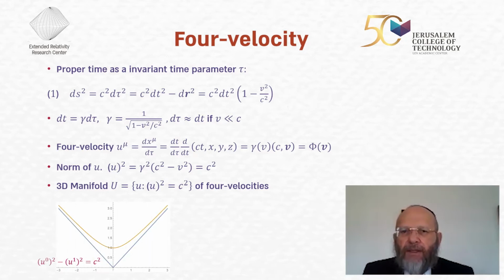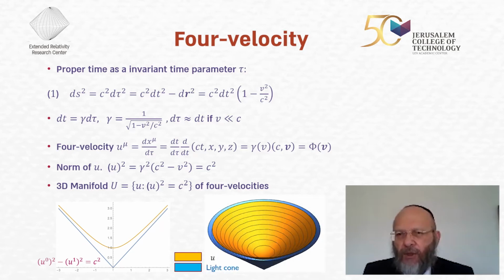How does it look when we draw the picture only for one spatial dimension? We get u0 square minus u1 square equals c square. It's a hyperbola, and its asymptotes are exactly the light cone.